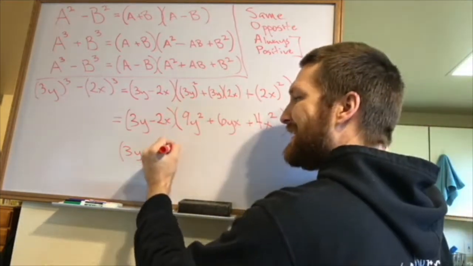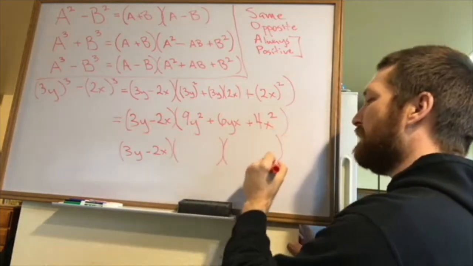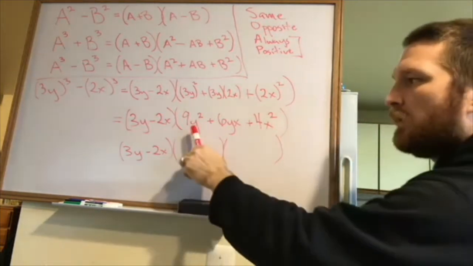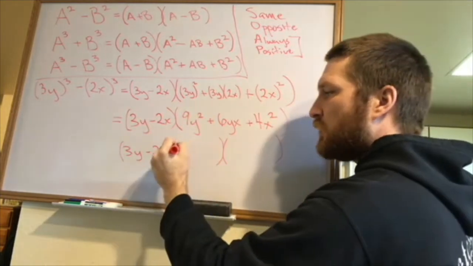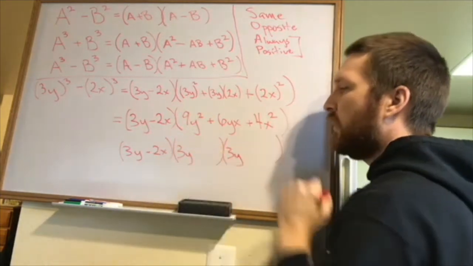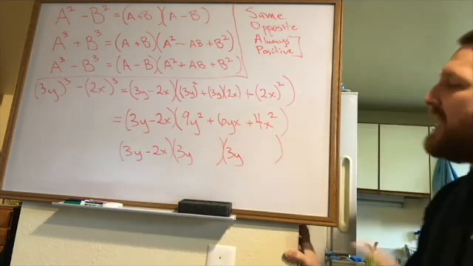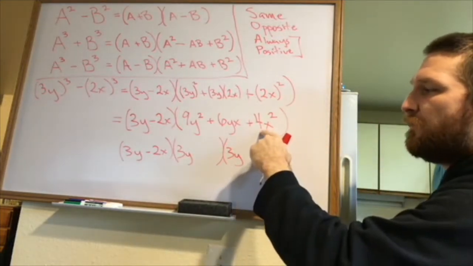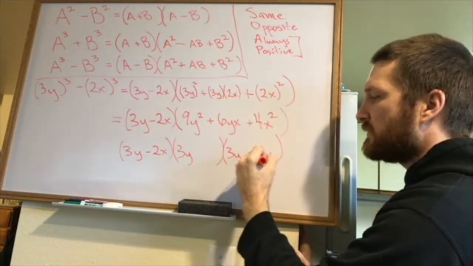Because if it is a square of some sort, or if I can break it down, that 9y squared could have come from 3y and 3y. Then this 4x squared could have come from a 2x and a 2x.